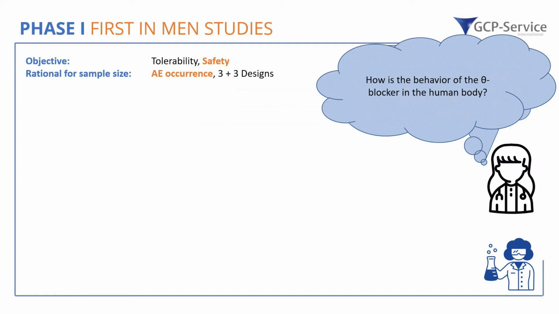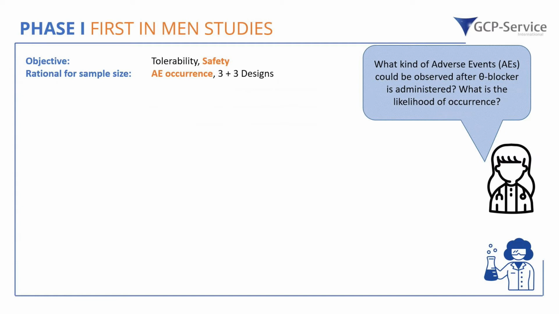And there are some common designs like the 3+3 design, where the sample size is already fixed. And that means that we have here in this scenario a fixed sample size, but we also have to justify the sample size here. And as the sample size is fixed, we have a more exploratory look at, for example, the adverse events and the adverse event occurrence.